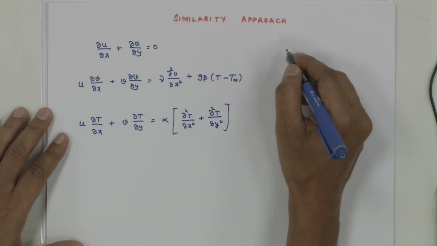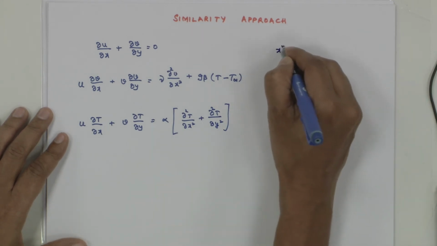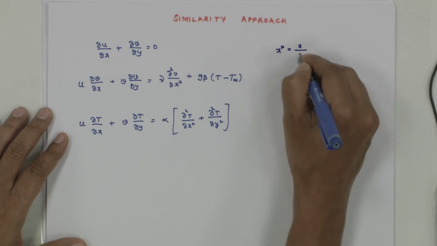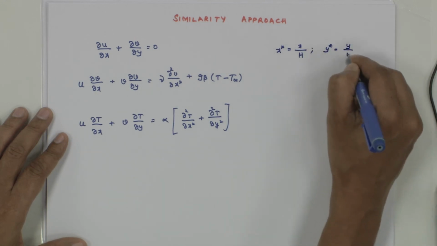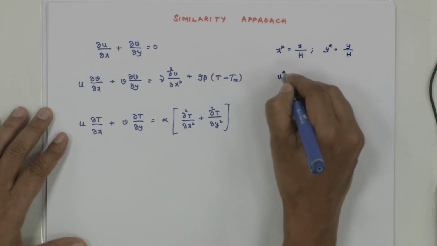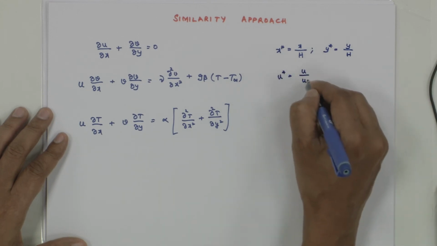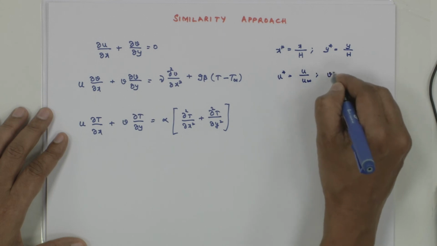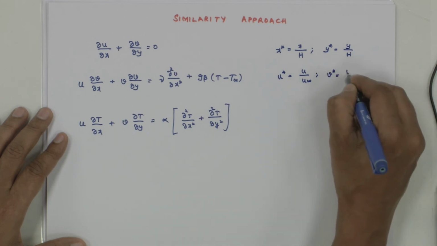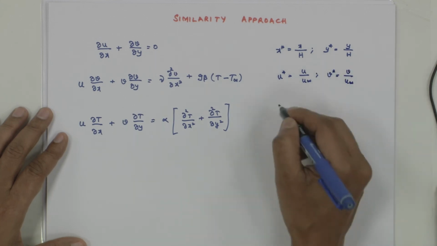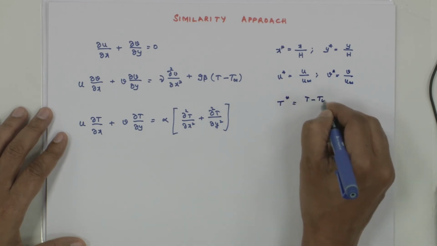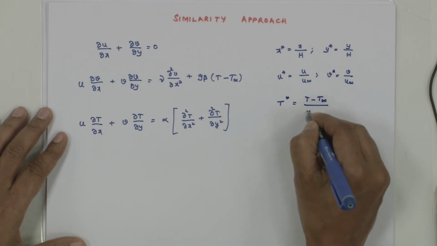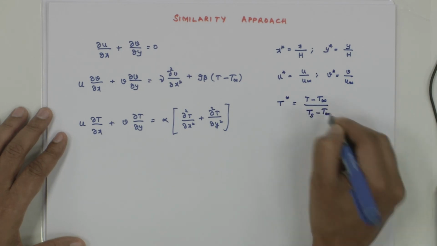So what do I do for the similarity approach is that x star, that is x, I non-dimensionalize with h, y star, y I non-dimensionalize with h, u star, u I non-dimensionalize with u infinity, v star, v by u infinity, and T star is T minus T infinity upon Ts minus T infinity.